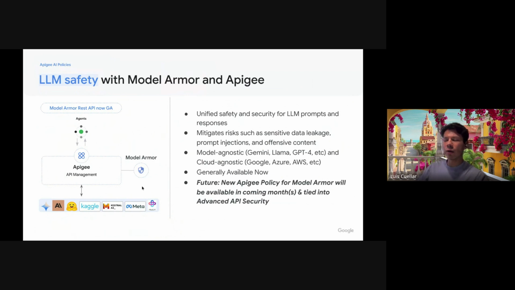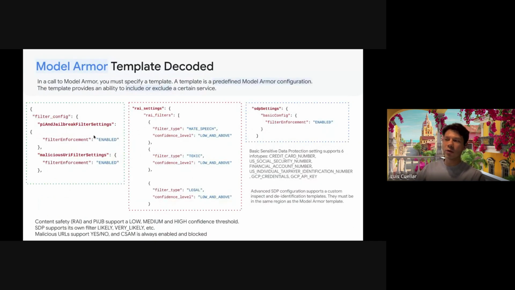When calling Model Armor from a template that we have to define, because we have to know what is offensive to my company and what I want to flag as a non-compliant prompt and non-compliant response, in order to prevent the prompt from reaching the LLM or any backend.